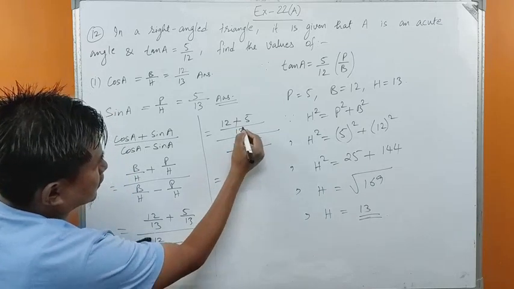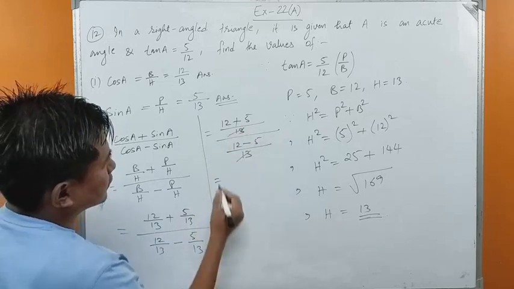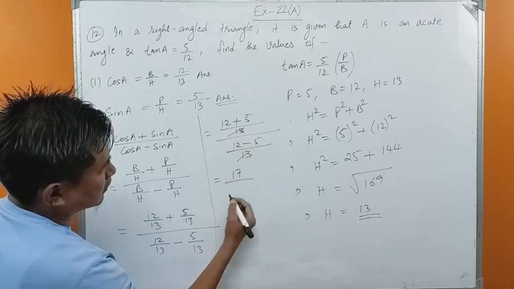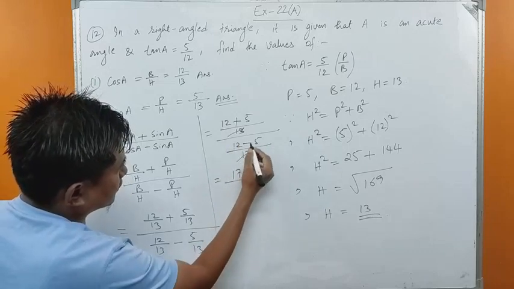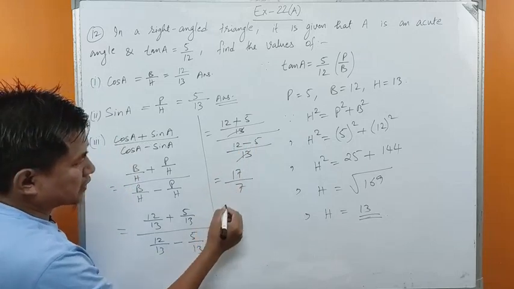Now this 13 and 13 can be cancelled, so 12 plus 5 is 17 upon 12 minus 5 is 7. So 17 upon 7 is the answer.